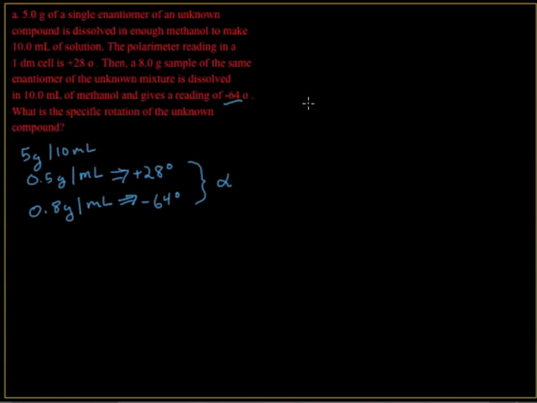So let's do this. We've got 0.5 grams per milliliter and 0.8 grams per milliliter, and the 0.5 one's plus 28. So we're considering anything that's plus or minus 180 or any multiple of 180 from plus 28.